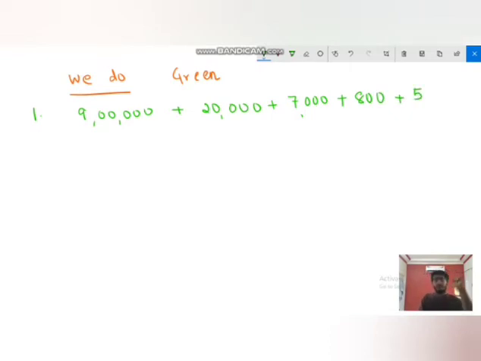What will you do first? You will start with the biggest number, which is 9 lakhs. We will write 9 lakhs. Great. Are you done writing? We will continue. Then we have 20,000, so 4 zeros and a 2.